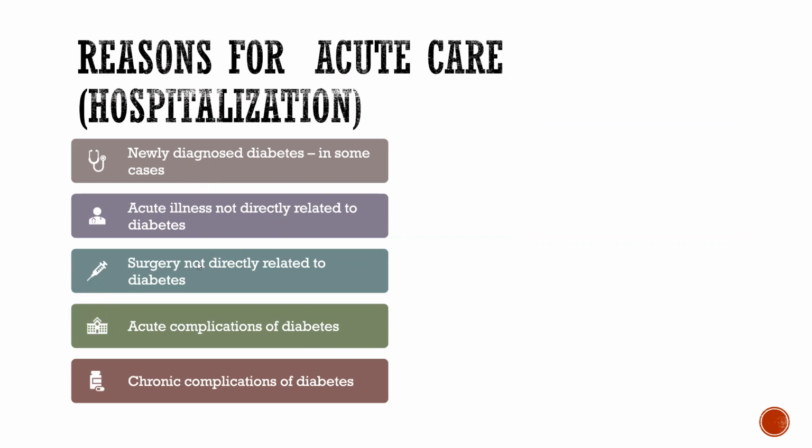A lot of times you're going to have a diabetic patient in the hospital that's not there because of diabetes. They're there for a surgery. They're there for pneumonia. They're there for a COPD exacerbation. They have a secondary diagnosis of diabetes. So you have to manage that. And that's what med-surg nursing is all about, being able to manage multiple disciplines, multiple medical diagnoses of one patient, right?